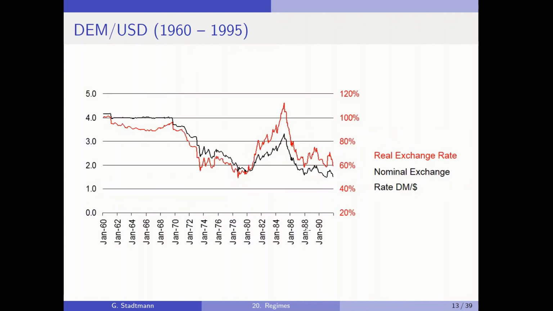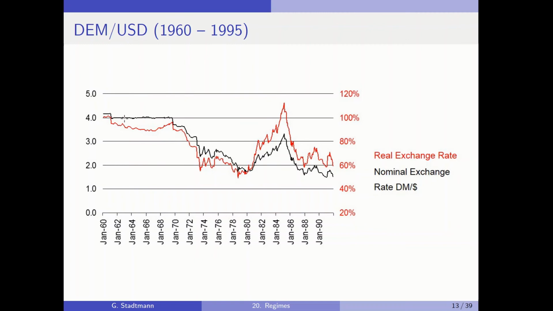Let's have a look at how the exchange rate behaved in the Bretton Woods era and after the Bretton Woods system broke down. You can see here the nominal exchange rate, German mark per US dollar. This is the black line. In the beginning, the exchange rate was at the level of 4.20 German marks for $1.